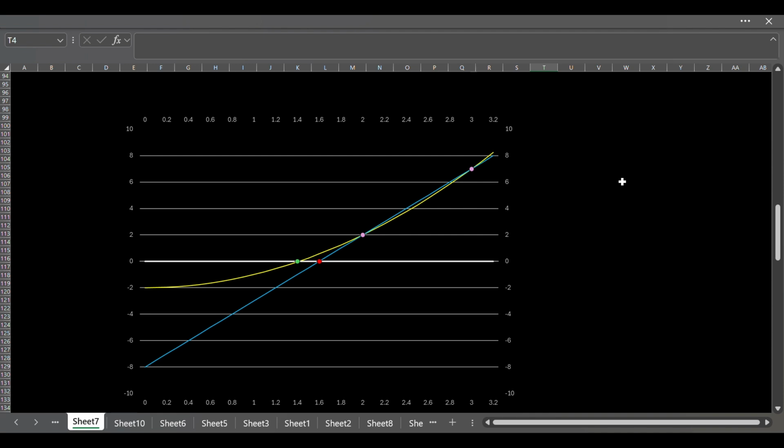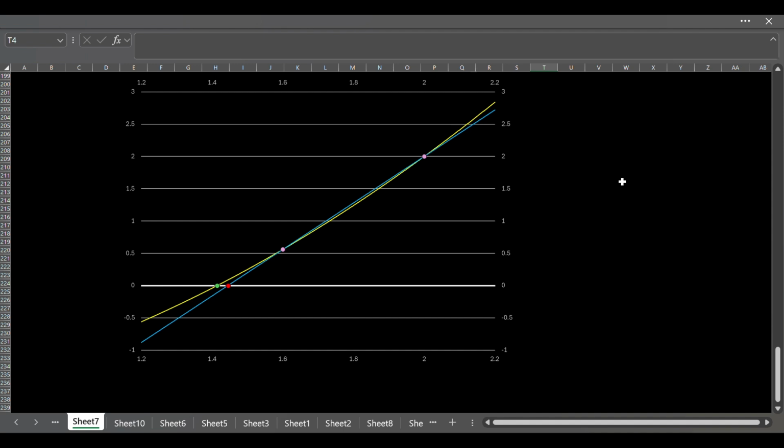Now that we have a new value of x, this is the x3 value, we can throw away the x1 value and use the x2 and the x3 values to get another estimate. So that's what we're doing. The 2 points now are the x2 value, which is the 2, 2, and the x3, which is the 1.6, 0.56.